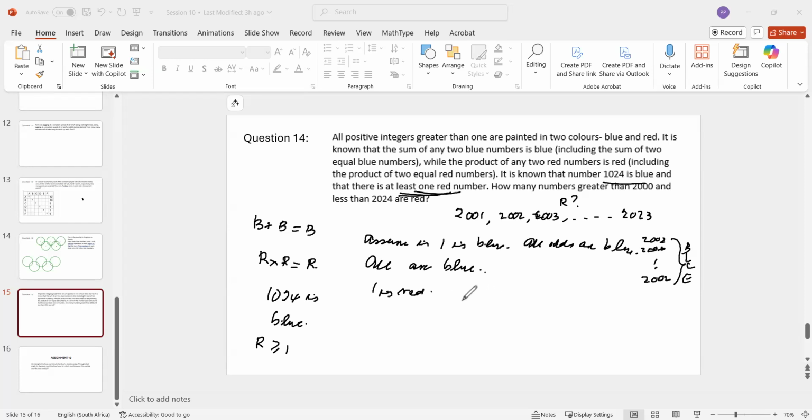Right. Okay. Now let's take any odd number. I want to show that all odd numbers are red. So let n be any odd number. I want to prove that n is red.